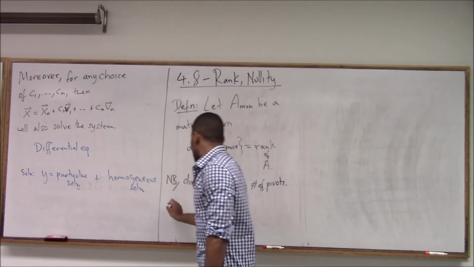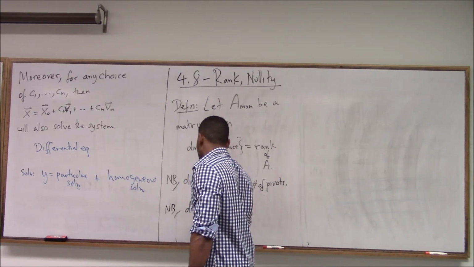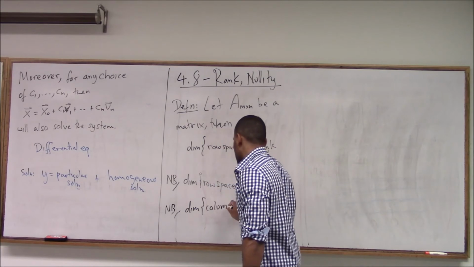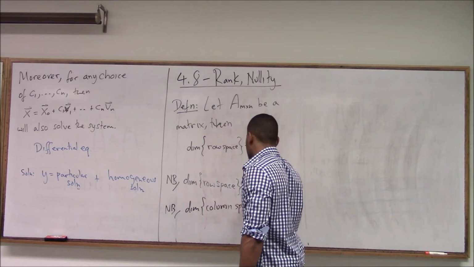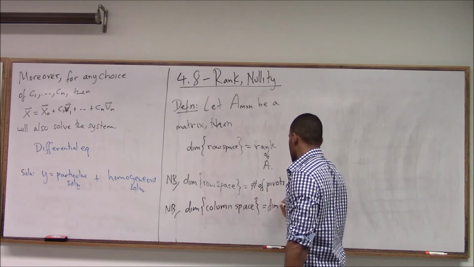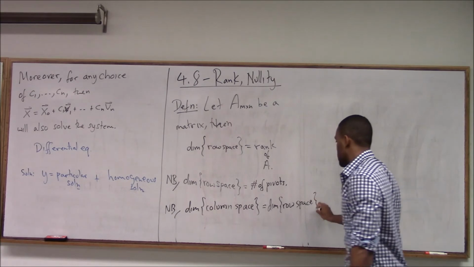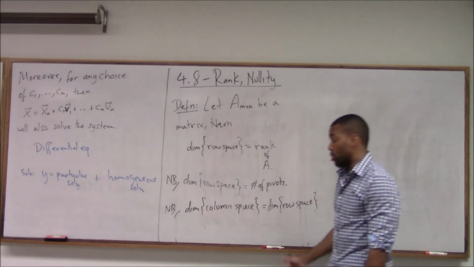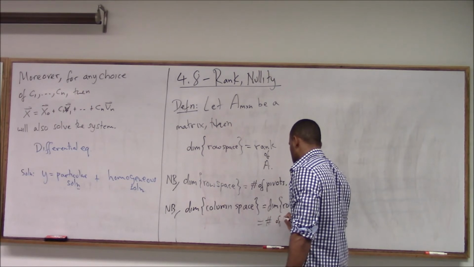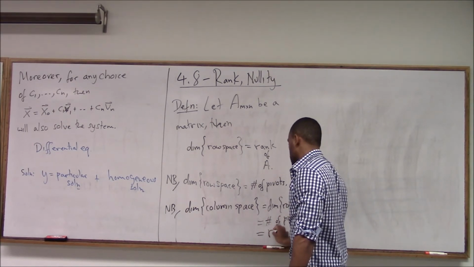It turns out, you can also note, that this is exactly the same as the dimensions of the column space, because for the column space, you were also counting the number of pivots. So the dimensions of the column space and the dimensions of the row space happen to always be equal. They both actually depend on the pivots. And so that is called the rank.